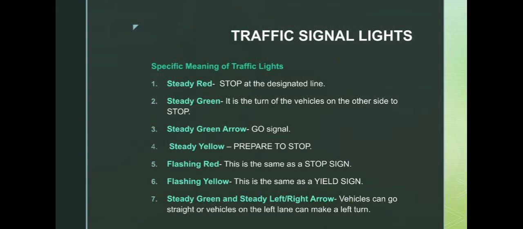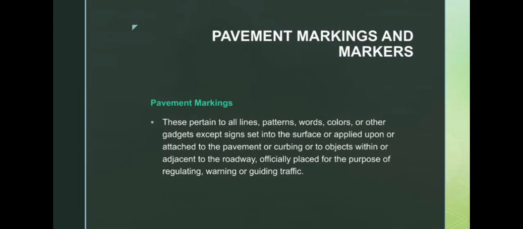Flashing yellow, this is the same as a yield sign. Steady green and steady left or right arrow, vehicles can go straight or vehicles on the left lane can make a left turn. Next, pavement markings and markers.